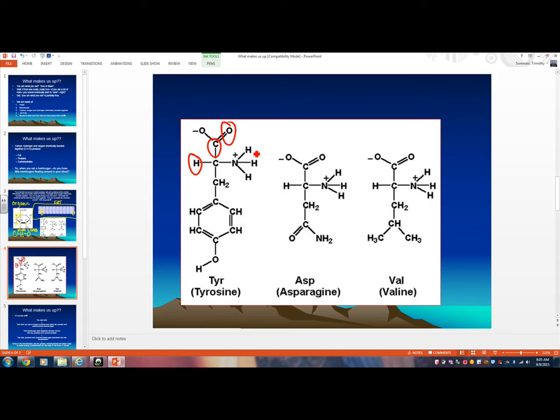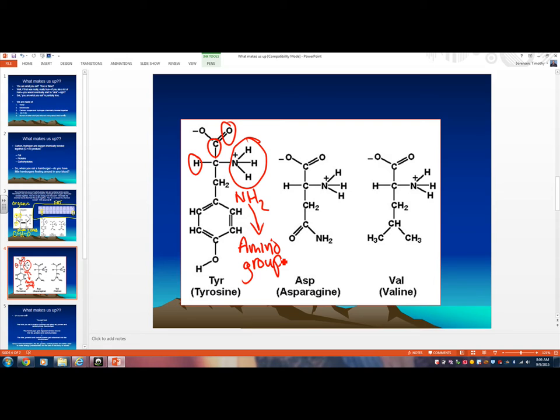But the unique thing about these guys is this nitrogen compound, this NH2. And even though that says NH3, never mind, don't worry about it. This guy there is the amino group. So this is what makes the amino acids different from the carbs and the fat.